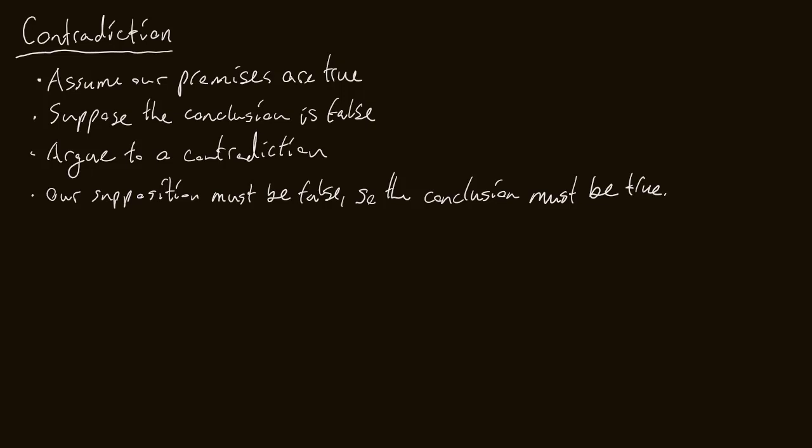Let's think about a real life argument, perhaps, where you argue towards contradiction. Say you're arguing with a friend. Maybe a friend is claiming that they did something that you know they didn't do. Your friend is like, oh, I didn't go to the store, but you know that they did go to the store.